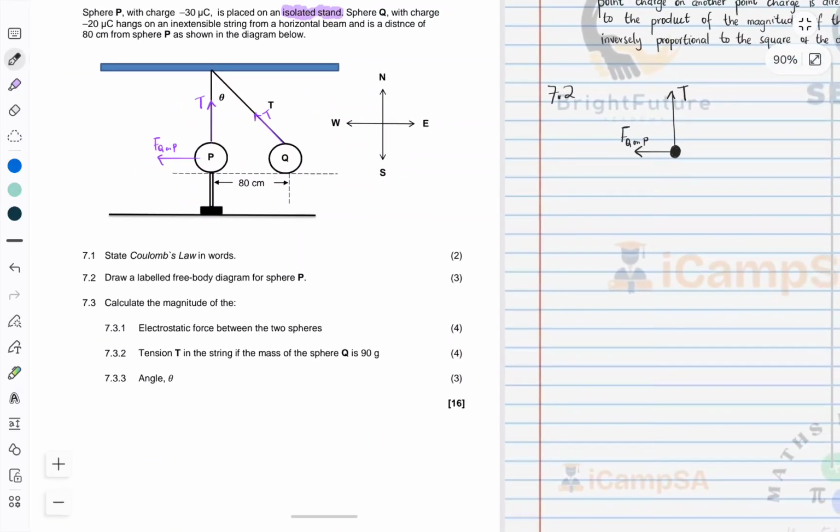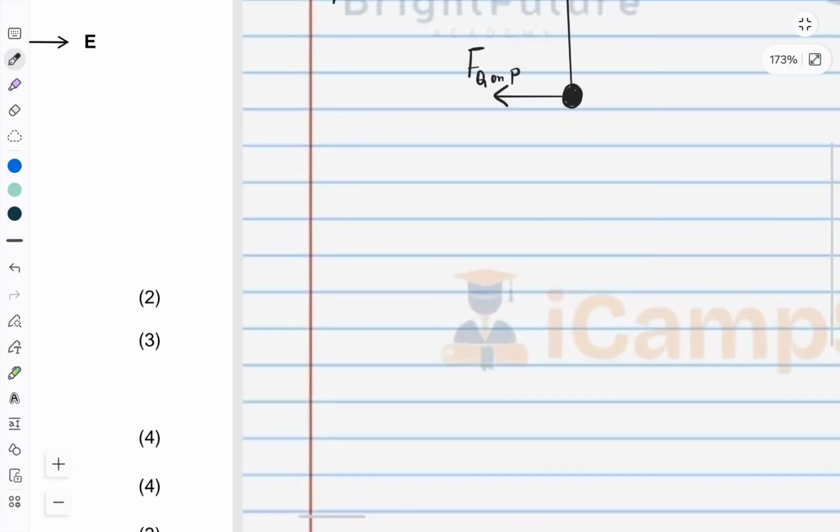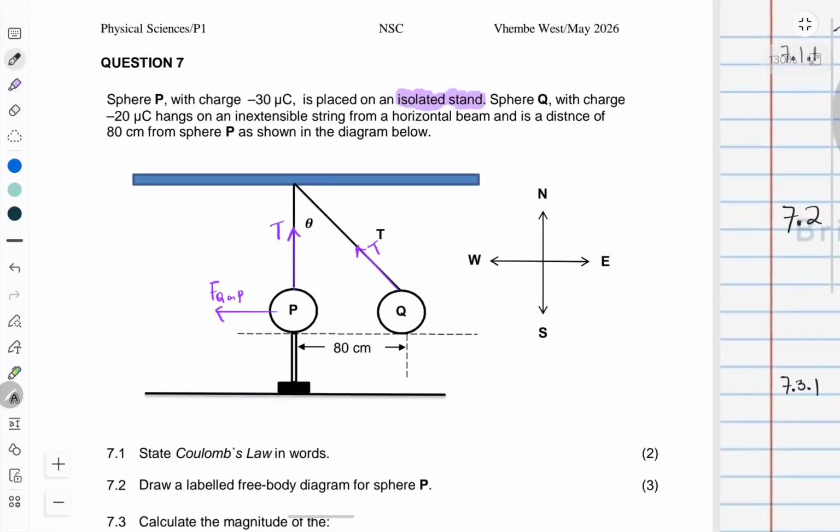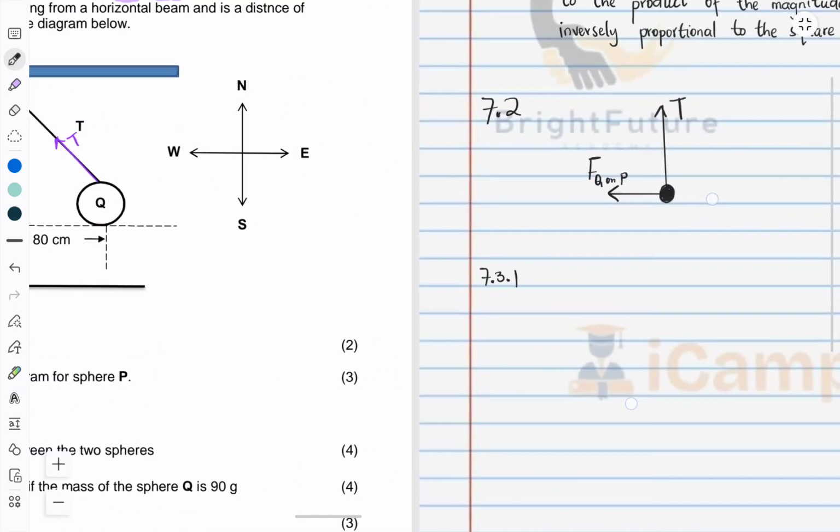So now, for 7.3.1, first, just before we move, let's make sure we have all our forces. The only force that's missing is weight, but since we're not told about the masses of the spheres, we'll assume that the weight is negligible.